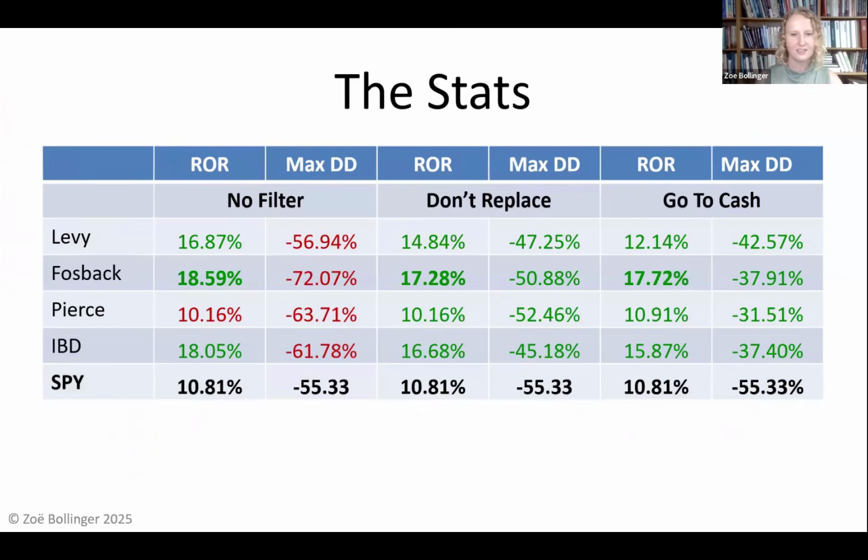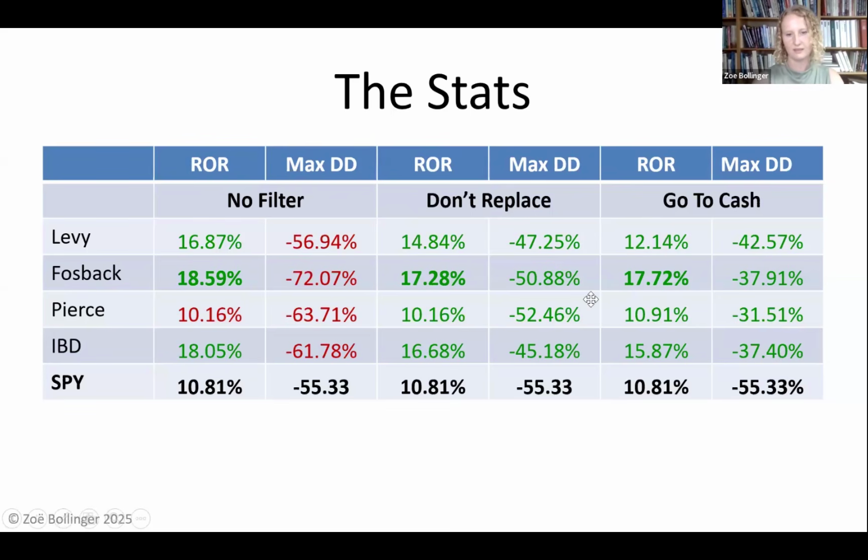These are the stats across the original version, no defensive approach at all. You get those strong returns, but those ugly greater-than-S&P drawdowns. Don't replace: if you're in a bad market condition, you don't buy again until conditions improve.